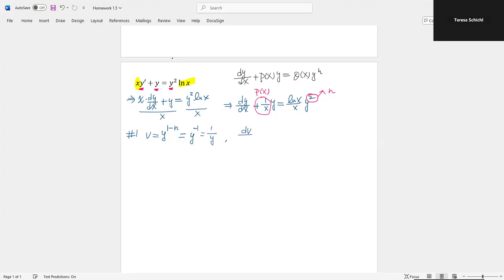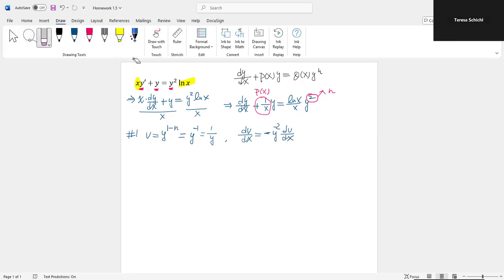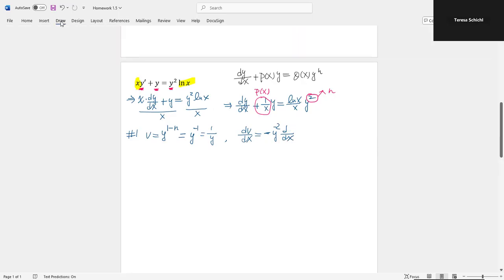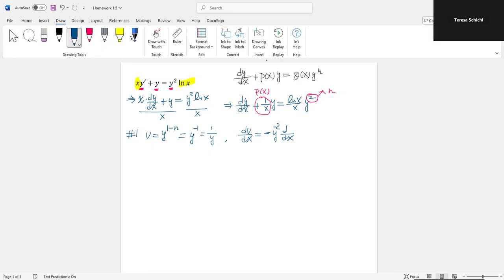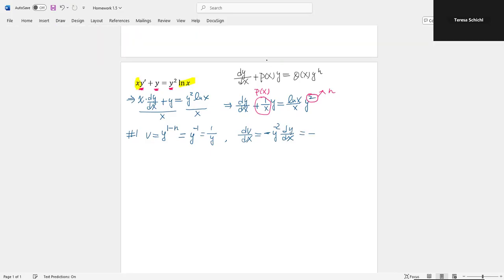So dv/dx is equal to negative y to the negative 2 times dy/dx. I need to be careful here. This is y to the negative 2 times dy/dx.